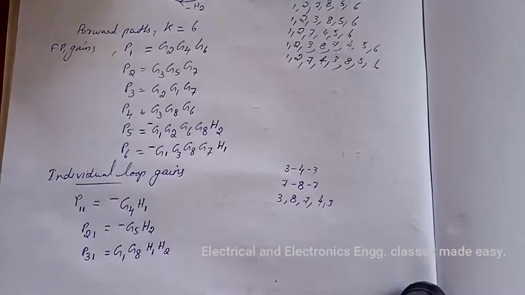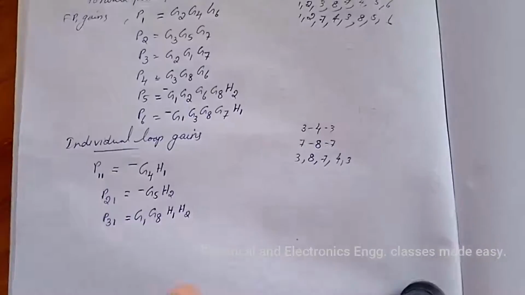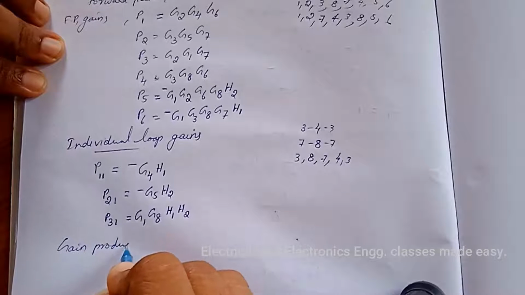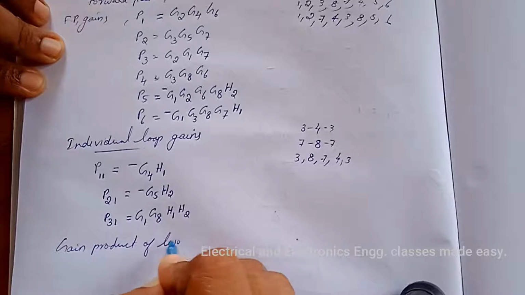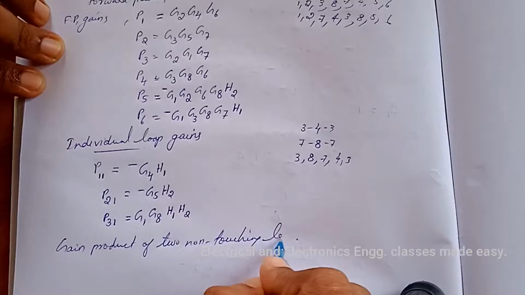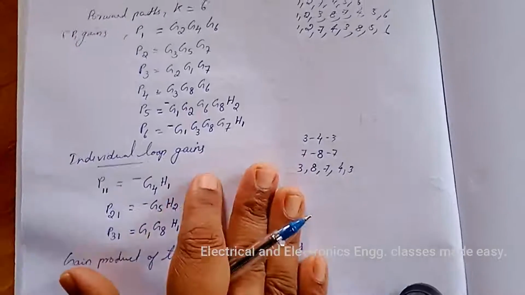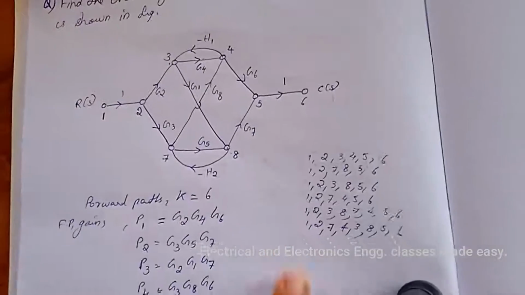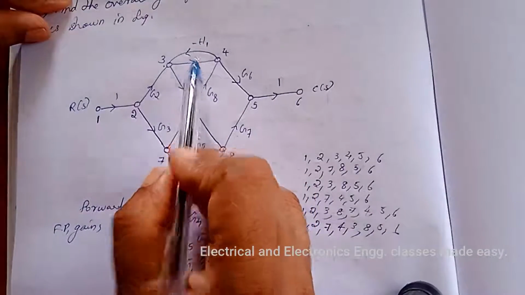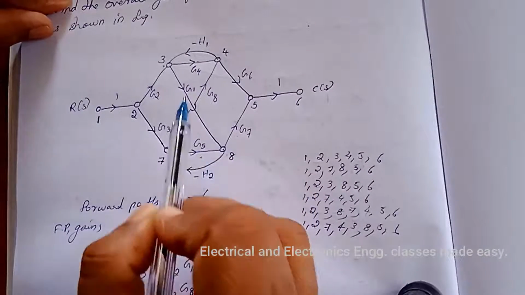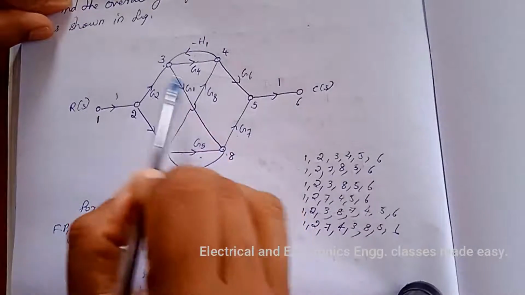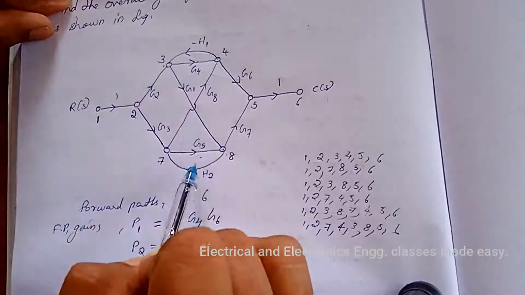Now we have to find the gain product of two non-touching loops. So there are 3 loops. Out of these 3 loops, we have to find the 2 non-touching loops. So these 2 are non-touching, and this is another loop, which is touching the other 2 loops.